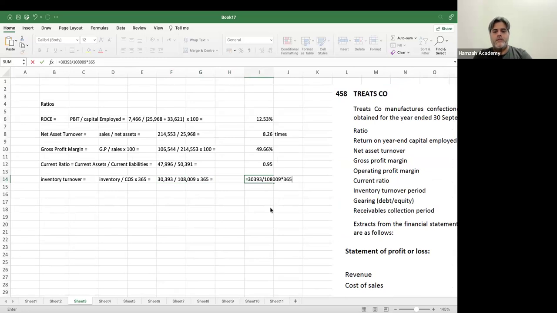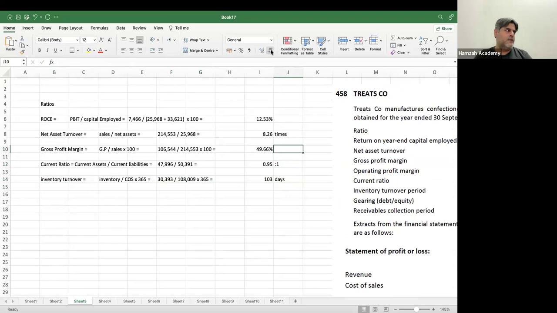That is going to be 103 days. This is with ratio 1, and the earlier ones are in percentage already.